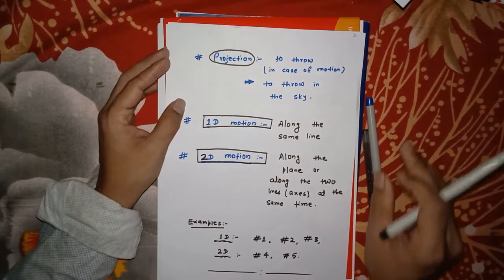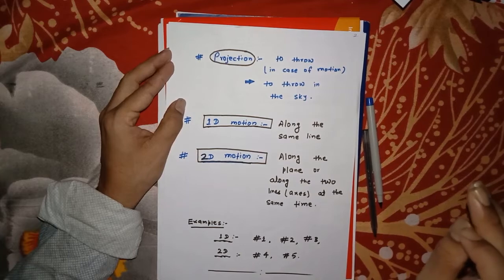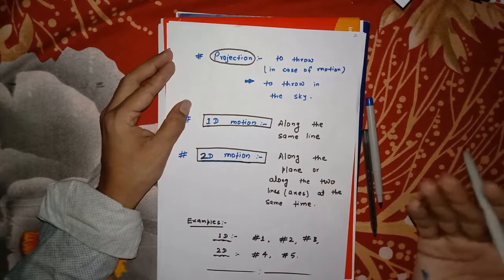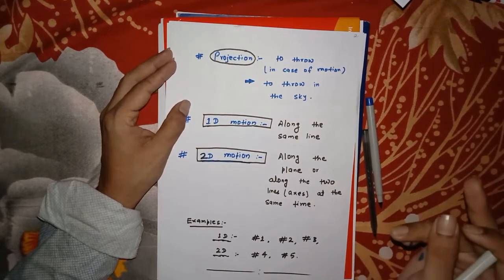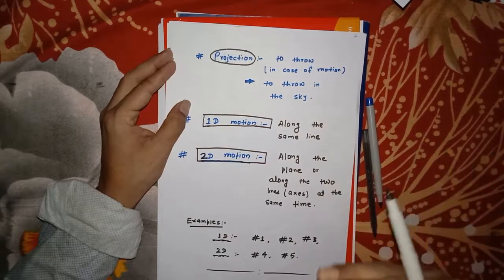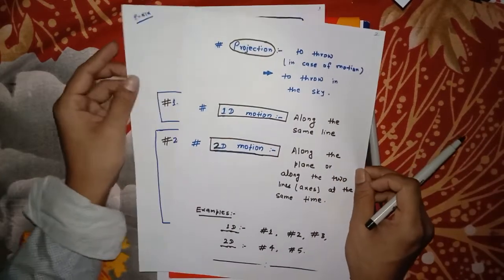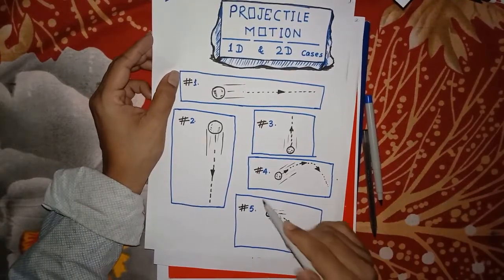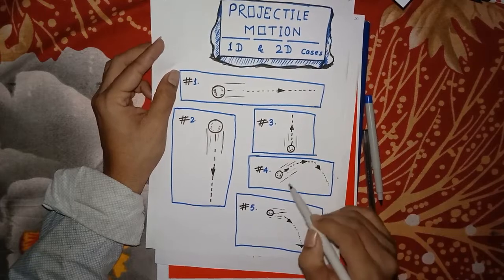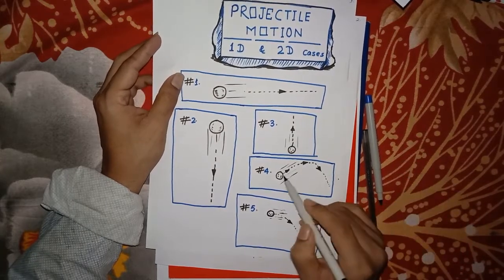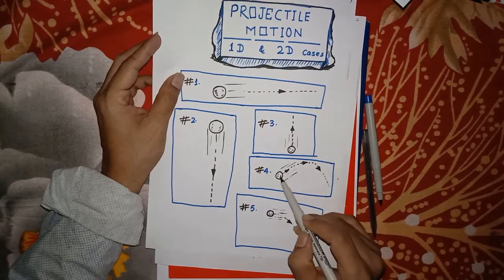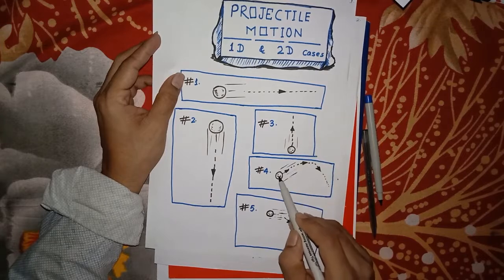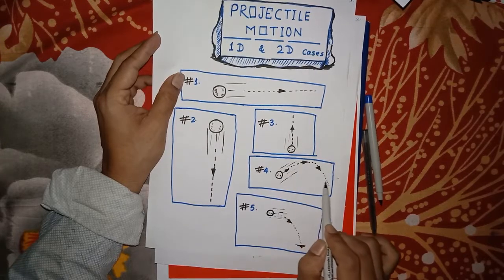If the ball moves along the same line, then this motion is called 1D projectile motion. When a body moves along two lines, or you can say a curved line, as you see in situations 4th and 5th, when the ball moves obliquely or in a curved or parabolic path, then we say it is 2D, meaning its measurement is along this line and along this also, because it moves up and it moves towards east also.